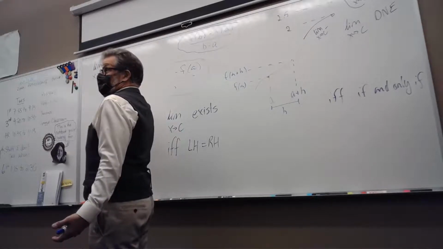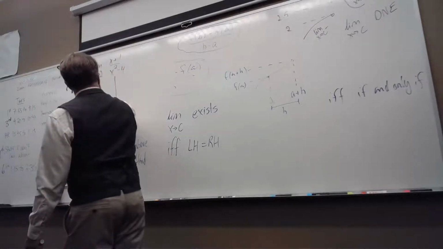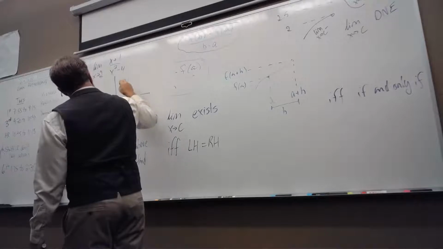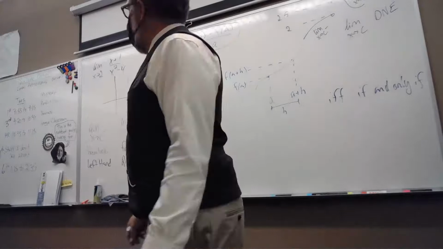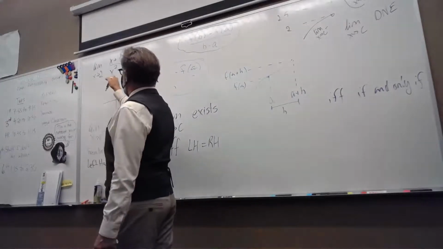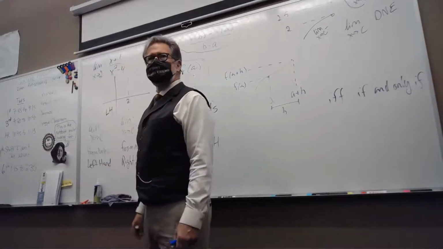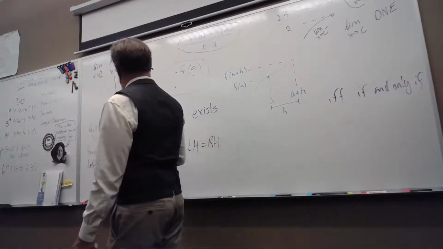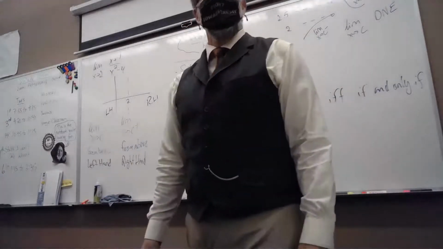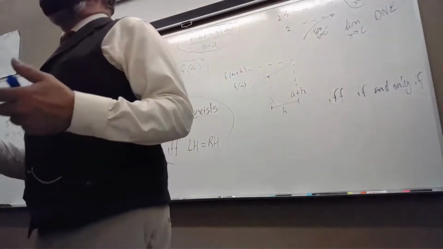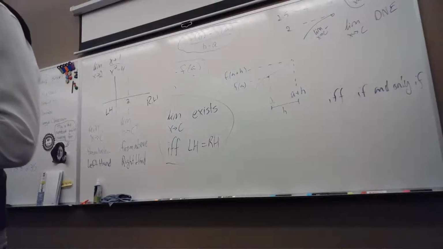And thankfully, we've got technology that allows us to easily draw a graph. So I go into my graphing calculator and I say, okay, there's x equals 2. What happens there? And then what I see is that from one side, the left-hand limit is going to be something or other, and the right-hand limit is going to be something or other. And if they're equal, then that's the limit. And if they aren't, then the limit doesn't exist. But graphically is a really good way to find limits for things that you just don't know how to deal with algebraically.